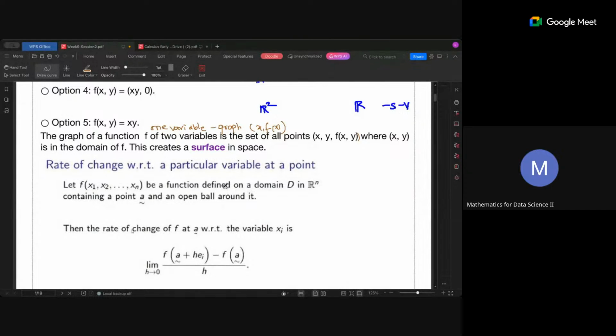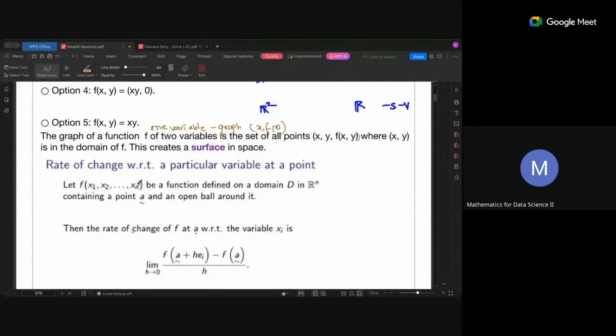In the case of one variable functions, what does rate of change at a point mean? It is the derivative, right? Yes.